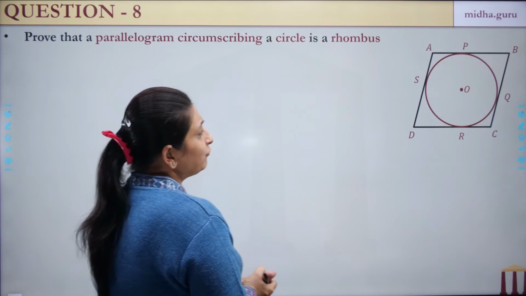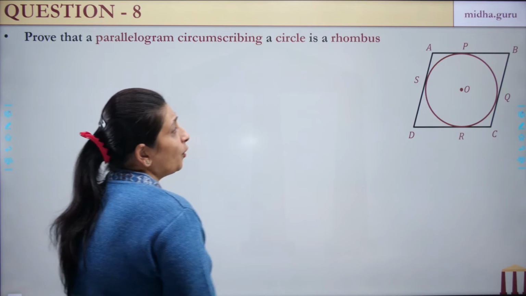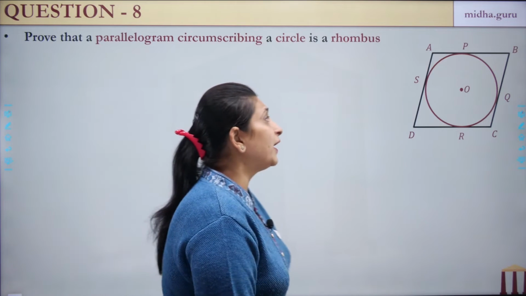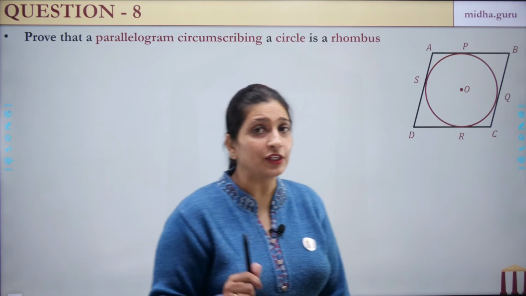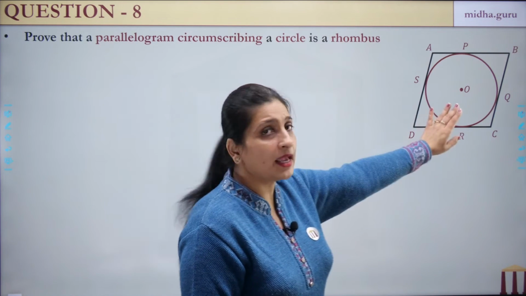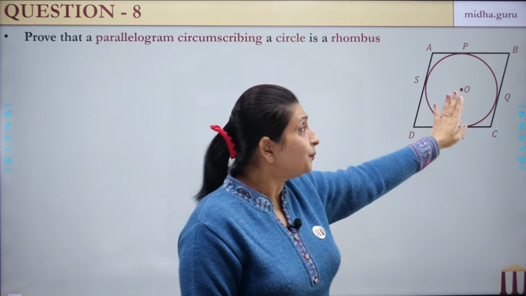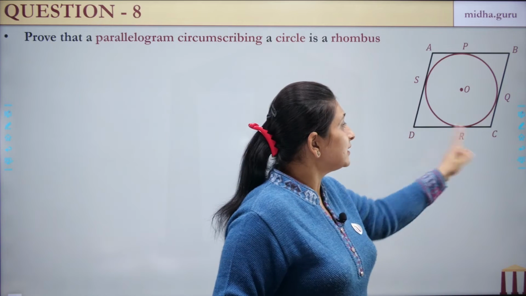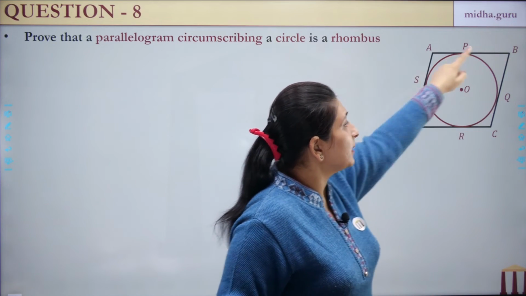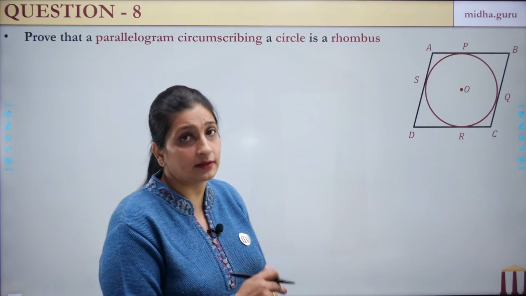Now, we have to prove this as a rhombus. In question 5, in one of the earlier questions, do you remember we had the same question, where we had a quadrilateral and we proved AB plus CD is equal to AD plus BC. We had proved this earlier.